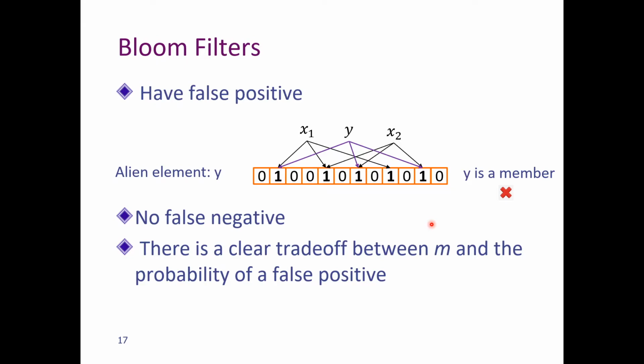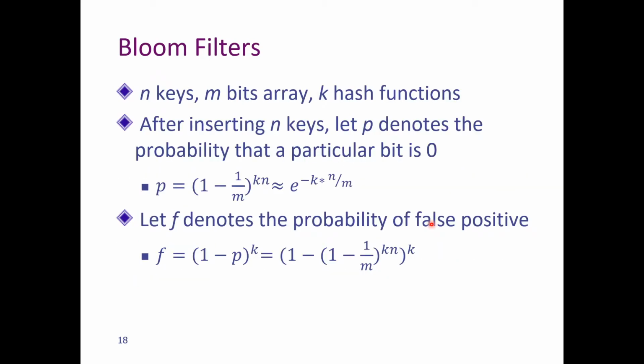Obviously, if m is larger, then an alien element has less probability to cause collisions. So it has a lower false positive rate, or we call it the probability of a false positive.